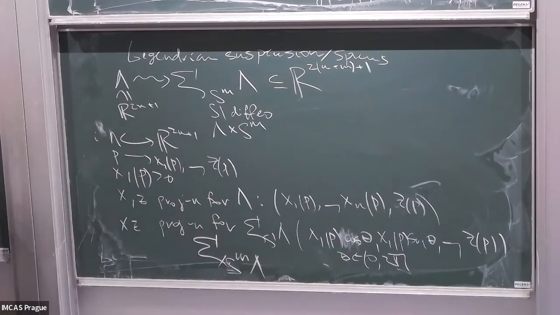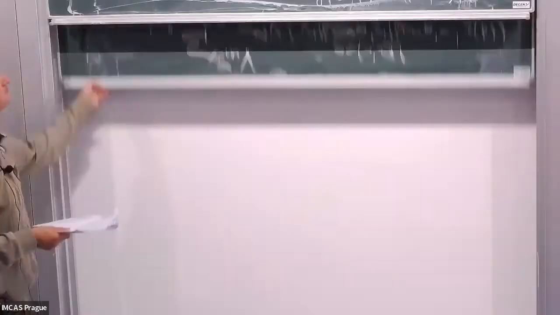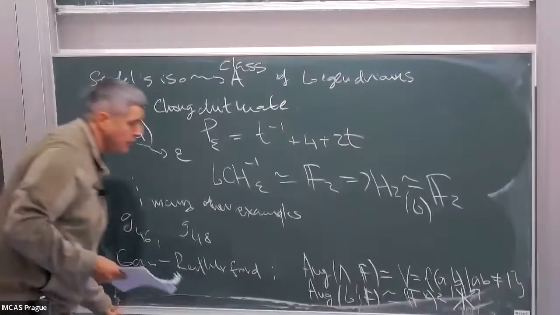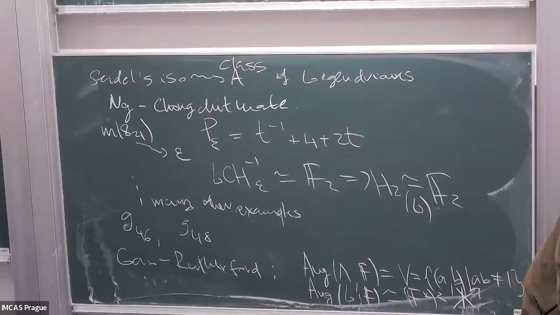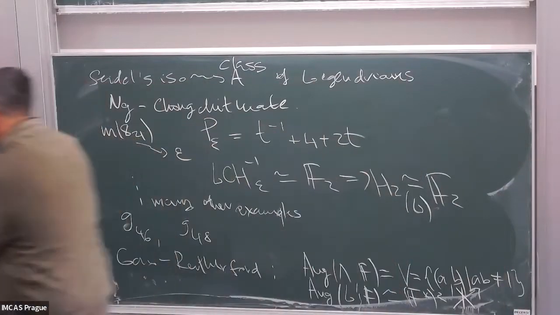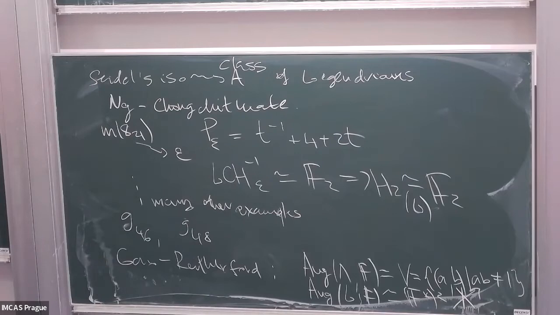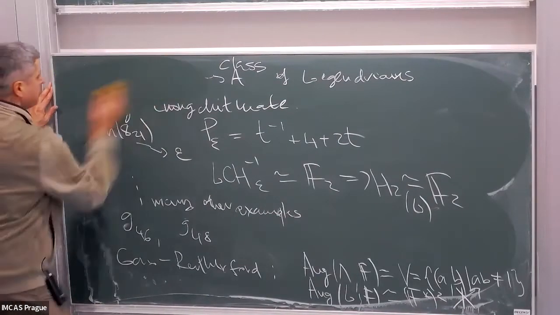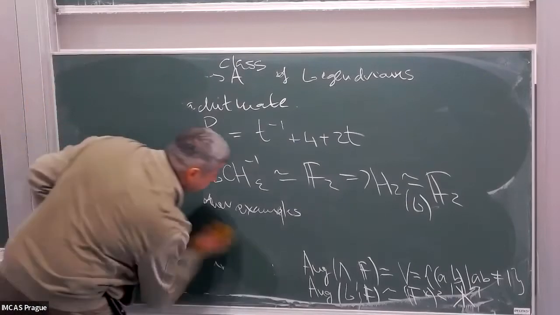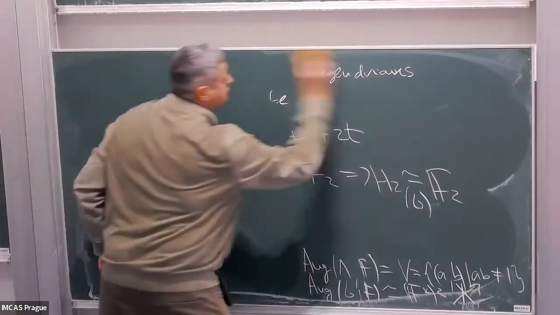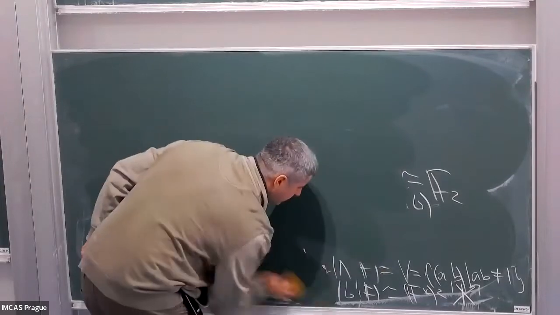Now, this type of construction is nice because it allows one to control Legendrian contact homology. And there is a structural result for that, which is due to Dimitri Rizal and myself.